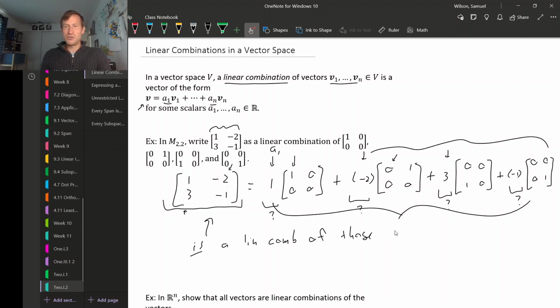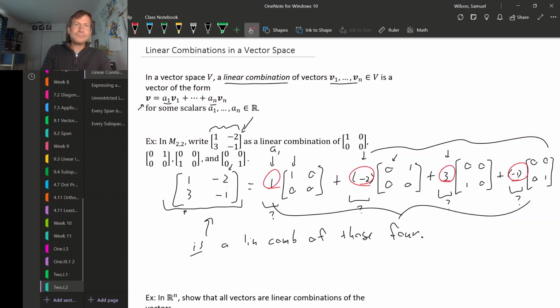I'll just write those 4. I don't want to write out all of these matrices again. All right, so expressing one vector as a linear combination of some others is just a matter of choosing the appropriate coefficients so that when you actually put this linear combination together, you get the thing that you were supposed to get.